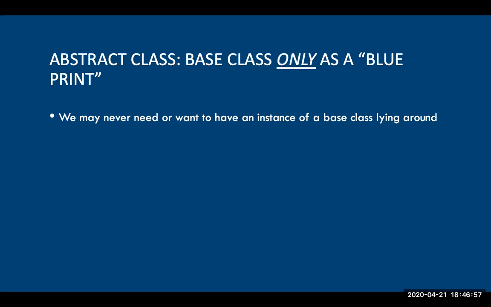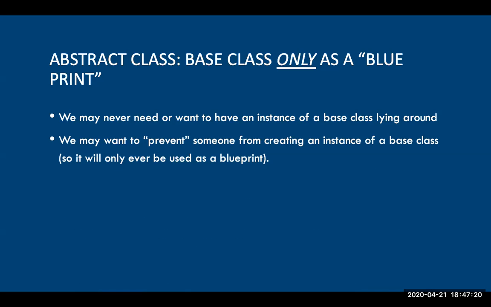You don't want to be too imposing. You want the derived classes to be able to implement things their own way. But you never want to run the risk of anyone instancing your class by itself. It should always be instanced through somebody else's derived class. That's an abstract class.